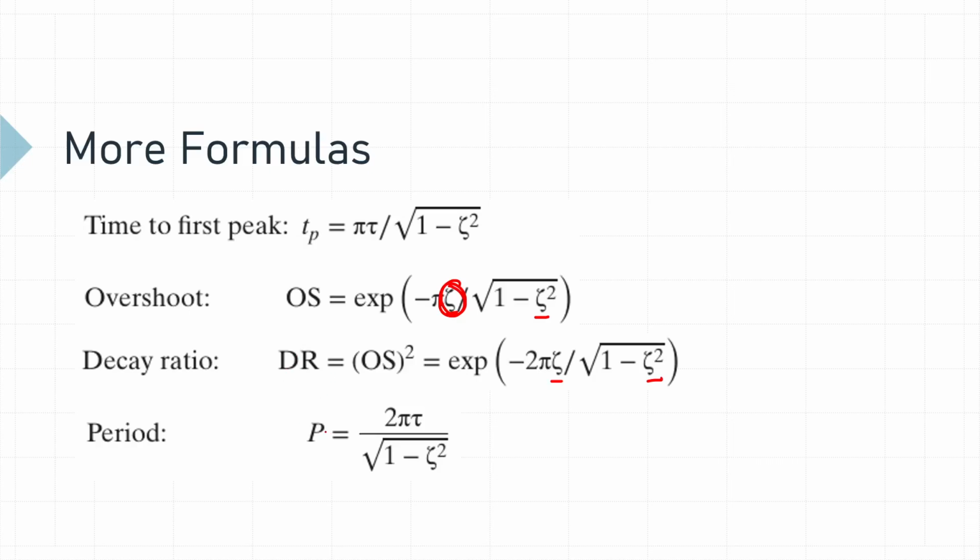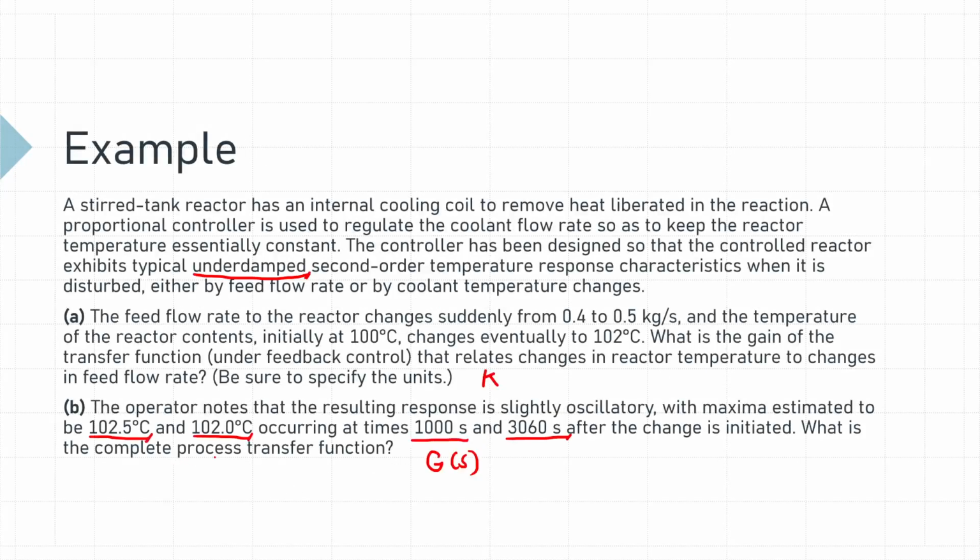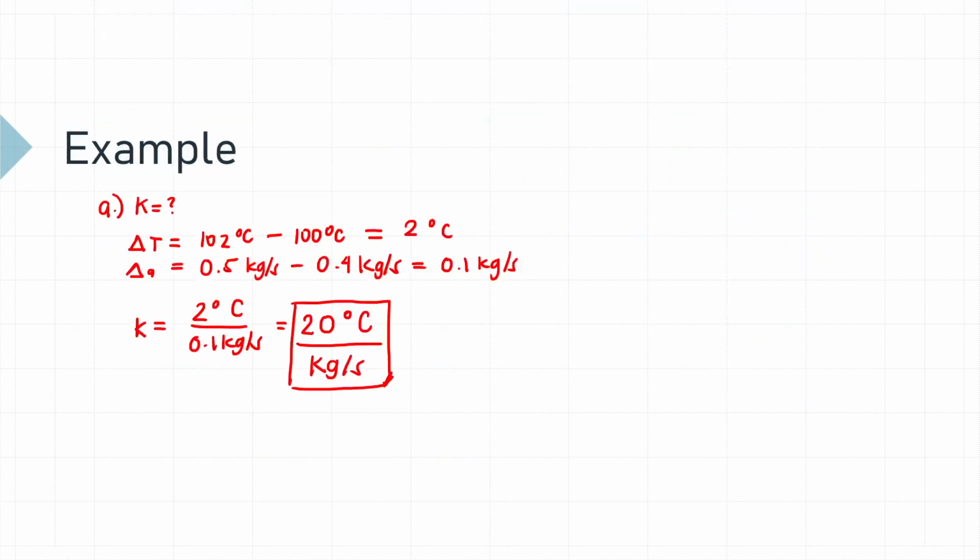Ah, yes, this one. We could use these two equations to find the value of tau and zeta, because after all, for B, we are asked to find the transfer function. Okay? So, I could create a new video finding the derivation, but you just have to trust me on this one.